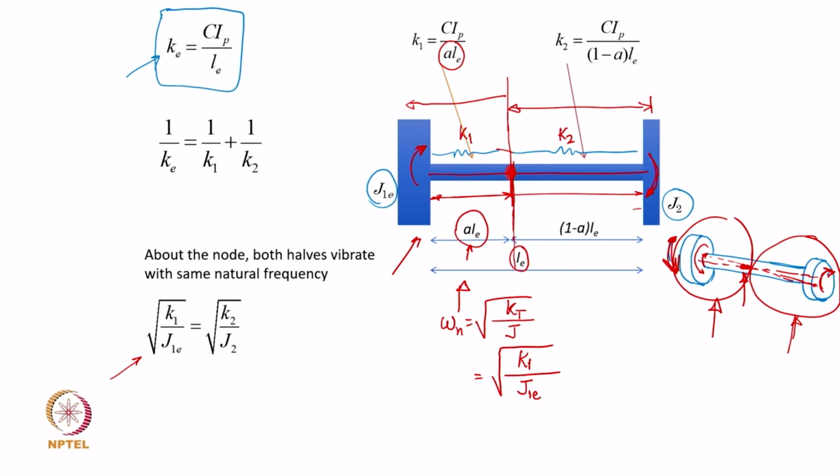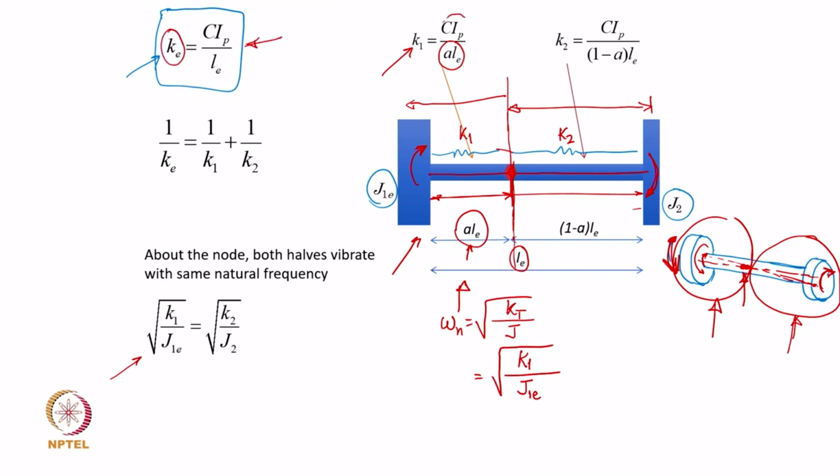Now, please make a note, we do not know the numerical value of K1 because we do not know where exactly this node is positioned. So, A is an unknown here. G IP over LE is already known because this KE is known numerically.